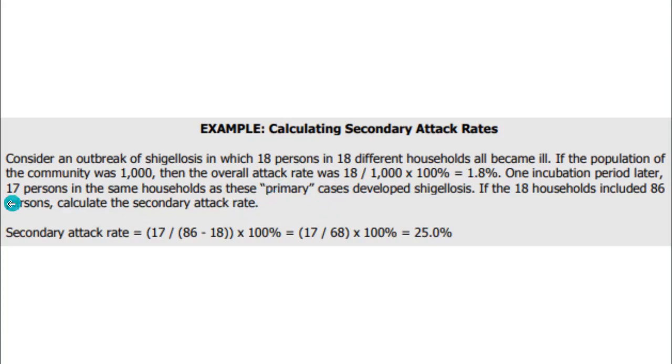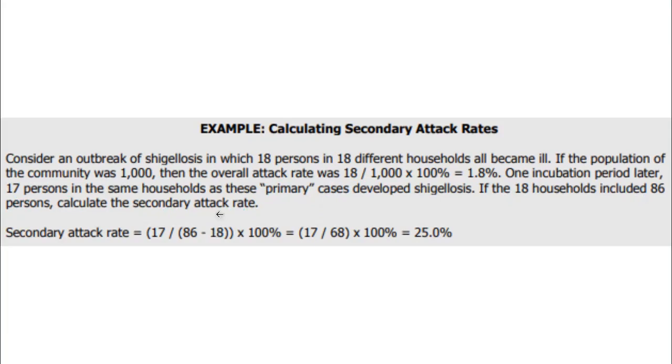So this is now your secondary attack rates. So we have 17 here, which represents the contacts from the primary cases. And then if the 18 households included 86 persons, calculate the secondary attack rate.